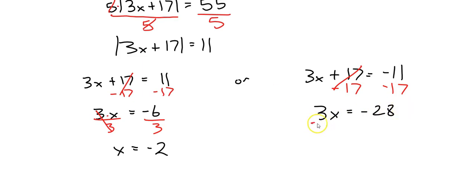Then we can divide off 3, divide off 3. Notice it reduces here. And on this side, we're going to be left with x equals negative 28 over 3. So there you go.